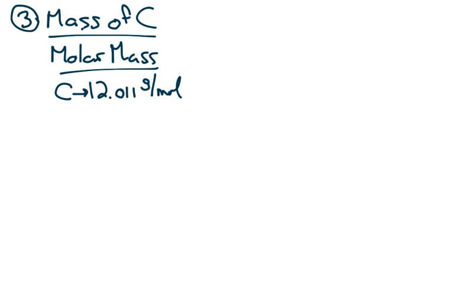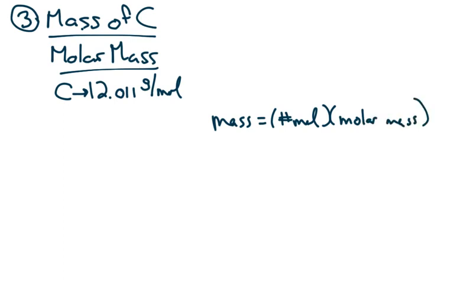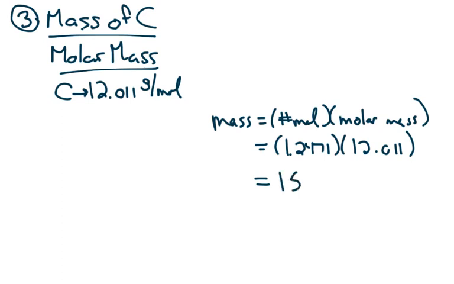We know how many moles of carbon we have, so we can easily find its mass by taking our number of moles, multiplying that by the molar mass. So 1.2471 times 12.011. Calculating that out and looking at sig figs, the only number that matters is 66.4 grams of titanium dioxide, which has 3 sig figs, so should the final answer, which would give us 15.0 grams of carbon.